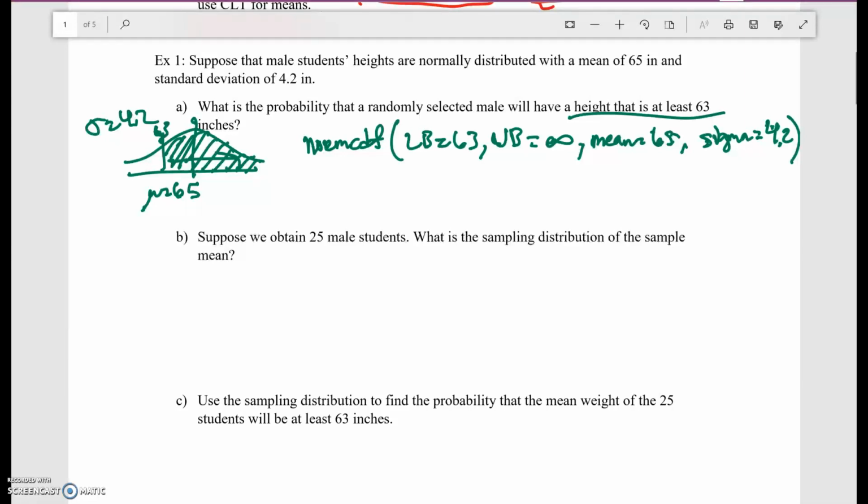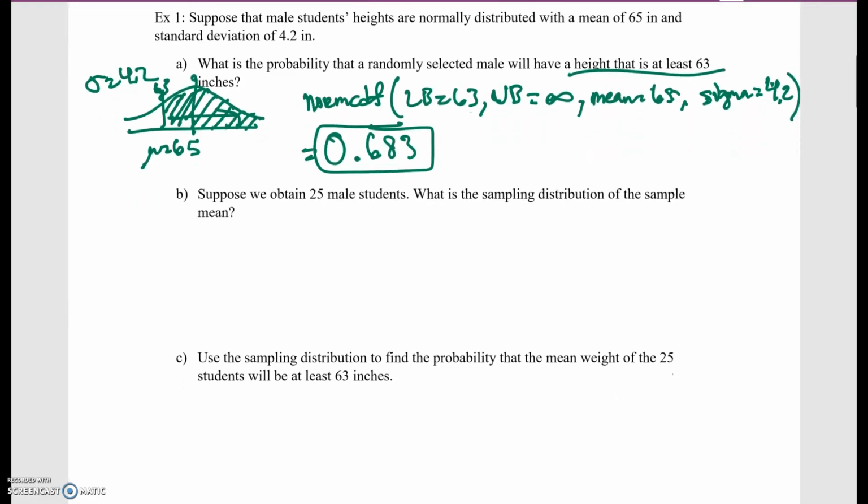Okay, so what I ended up getting was 0.683. So there's a 68% chance that I will find a male whose height is at least 63 inches.